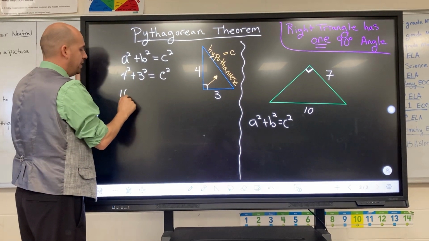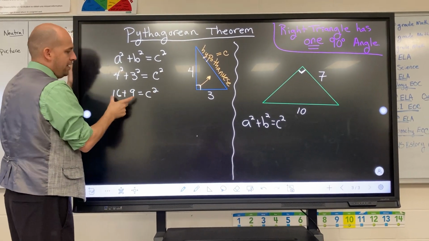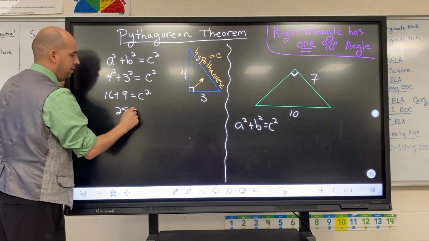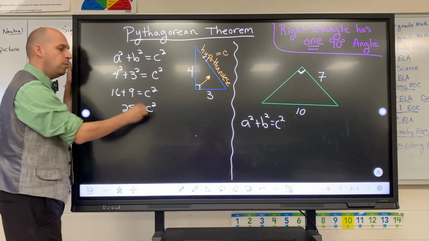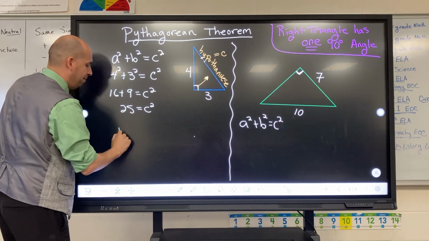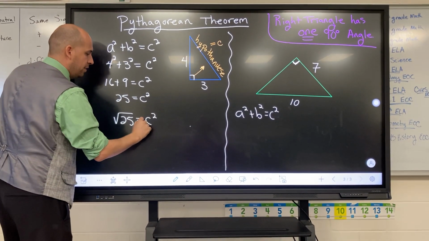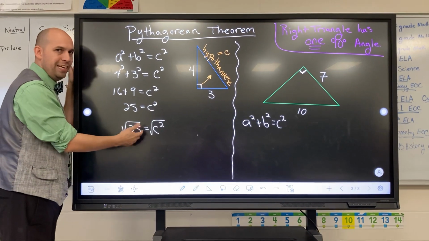When you square it, we get 16 plus 9, and that becomes 25. And the only way to get C to where it is not squared is to take the square root of both sides of the equation.